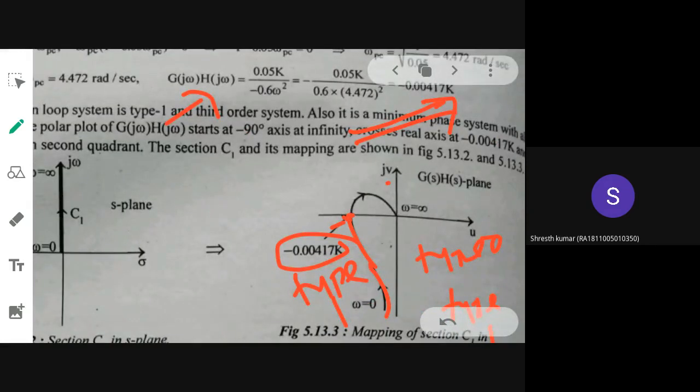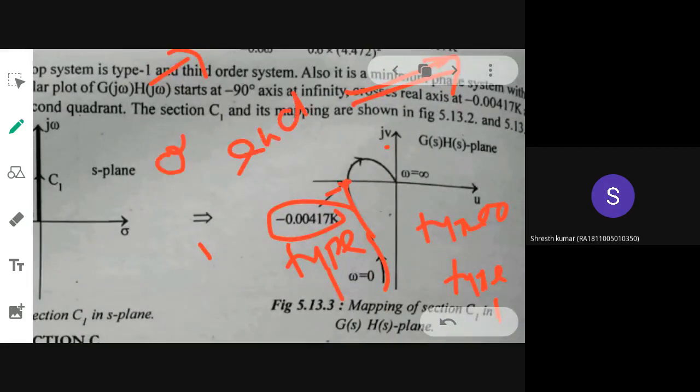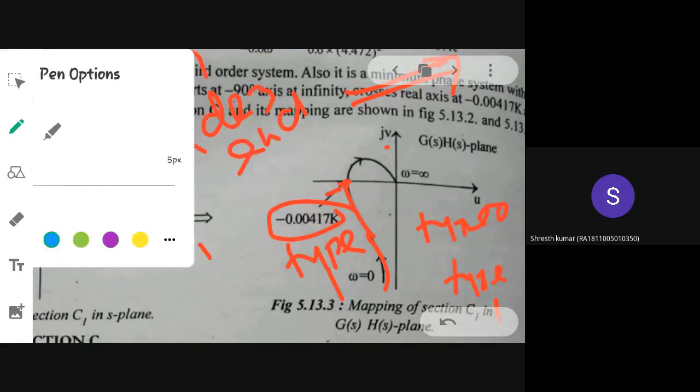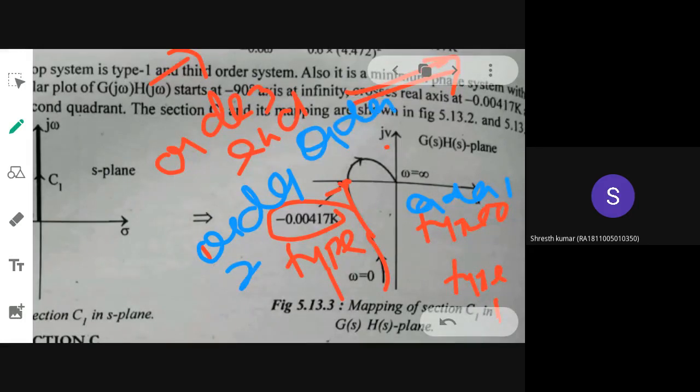Where the plot ends is decided by the order. The order is 3 for your system, so this is order 1, this is order 2, this is your order 3 quadrant, and the plot ends here. So roughly you have drawn the map for this infinite line segment. Always for an infinite line segment along the imaginary axis, you draw the map, which is your polar plot.